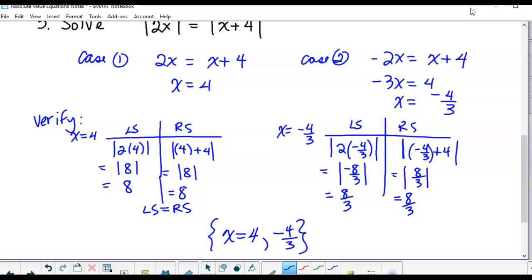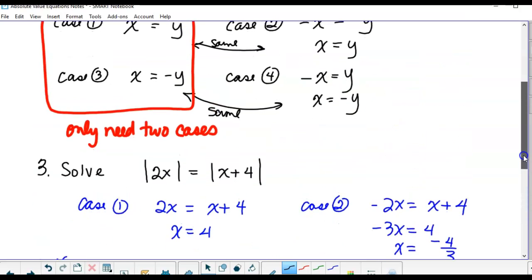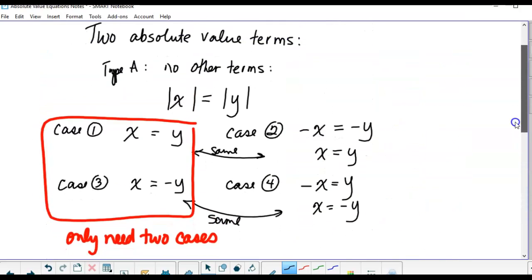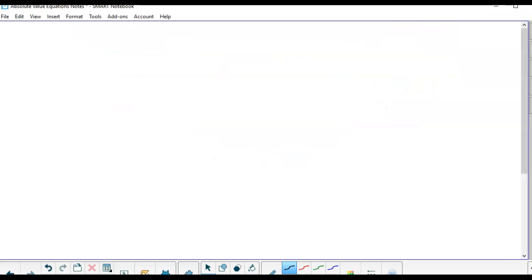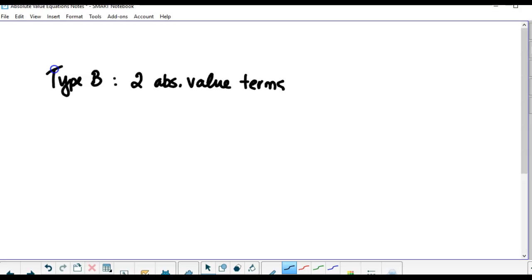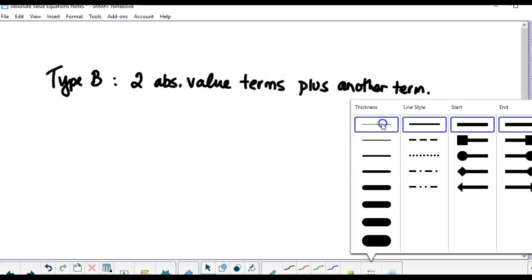Okay. So now the other type is type B. We'll call it, here, I'll go to the next. So type B, let's call it. So 2 absolute value terms plus another term. Either a constant or a variable, doesn't really matter.